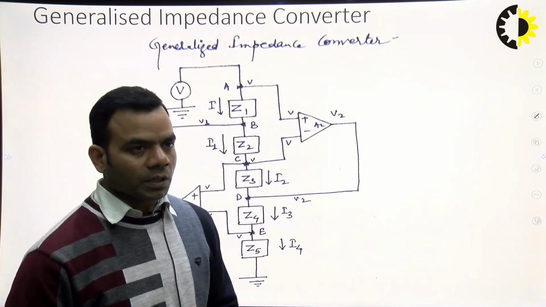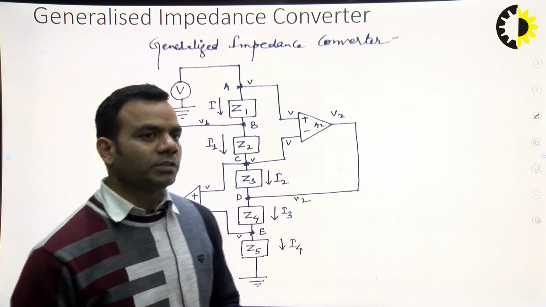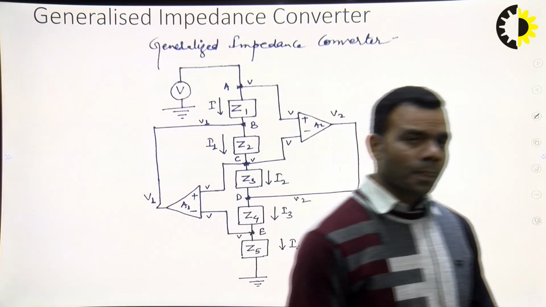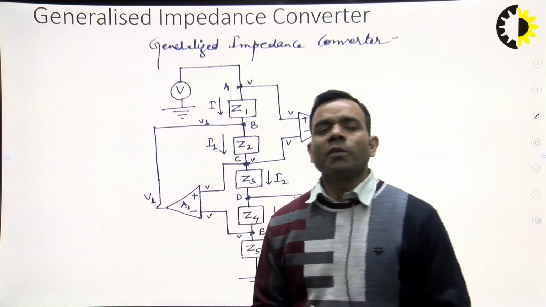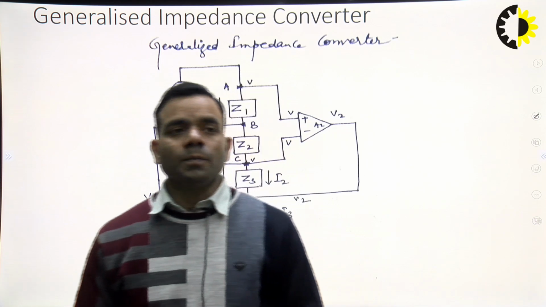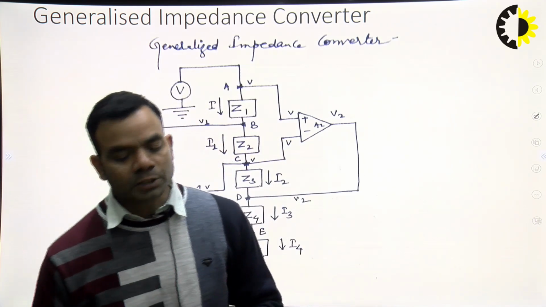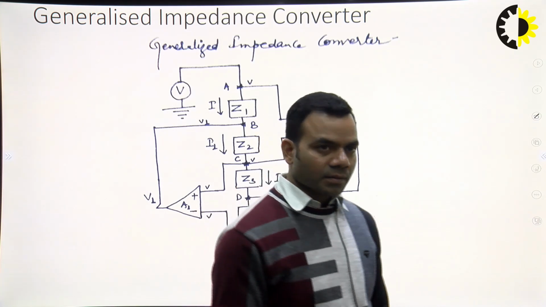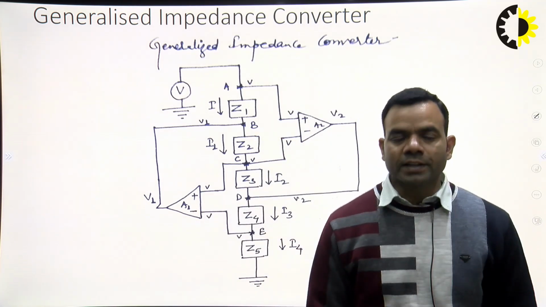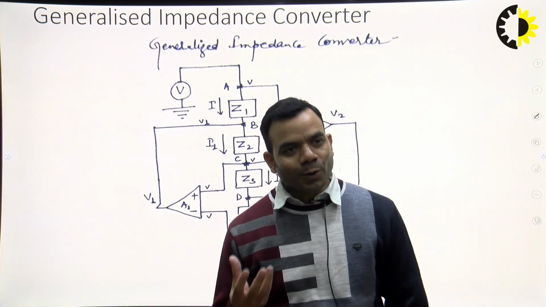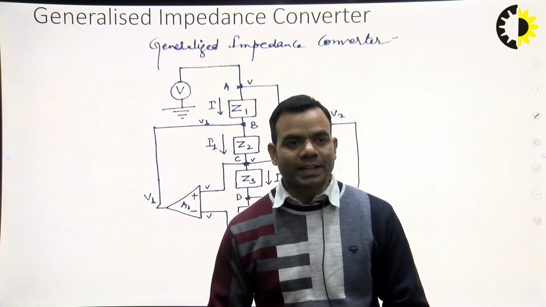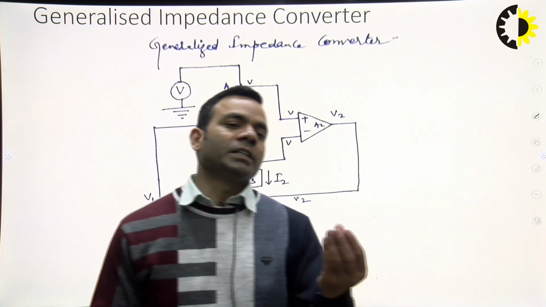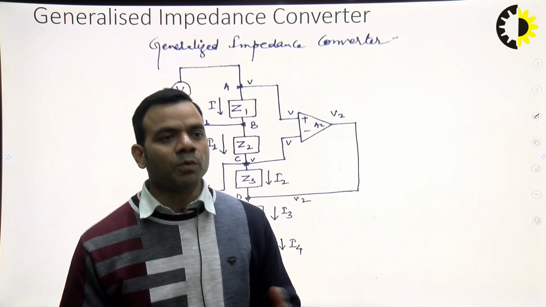Even there is one most important aspect of this circuit, that is, in electronics, generally we used to avoid the use of inductors because inductors occupy large space, they occupy large area, and there are many examples where even whole chip will have very small size, and even a single inductor will occupy more space.